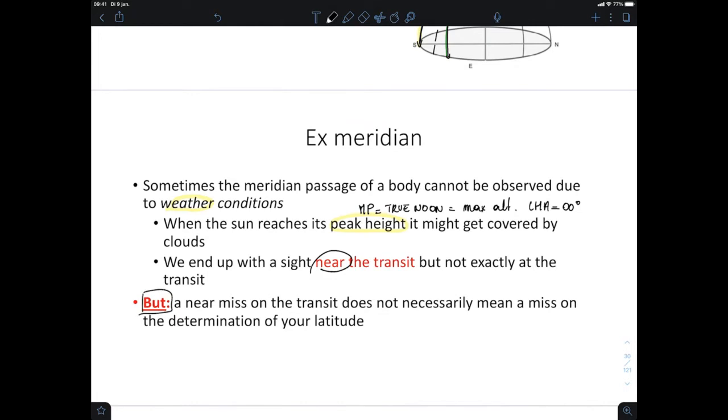So an observation of the sun near the transit doesn't necessarily mean a miss on the determination of your latitude, because a correction method has been developed for this, which we call the X-Meridian method.